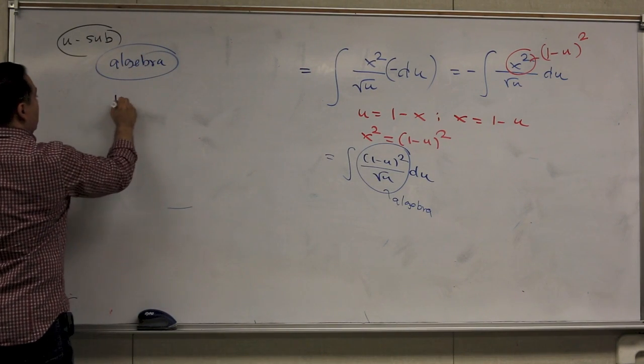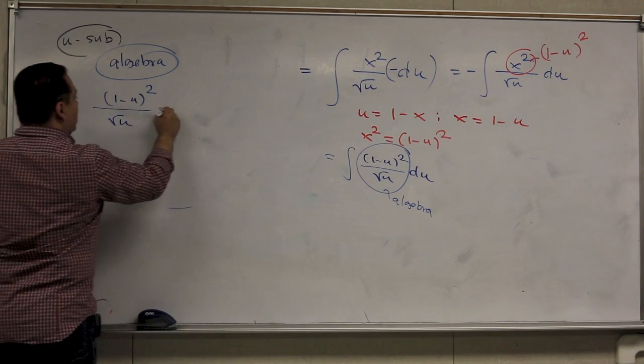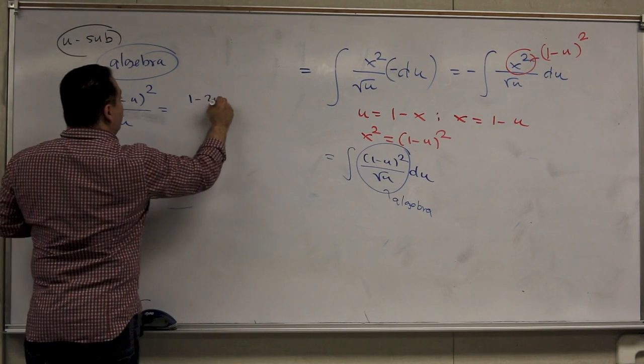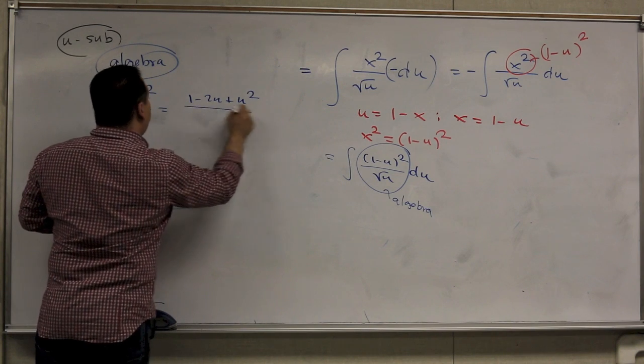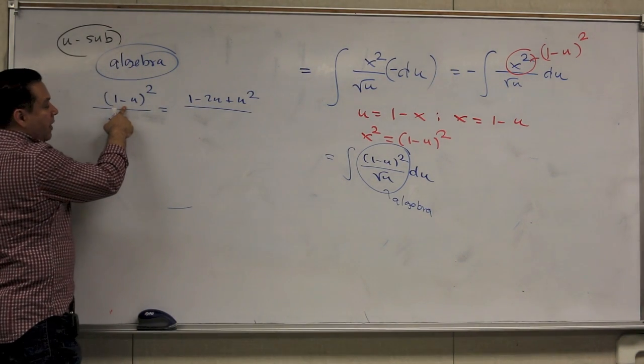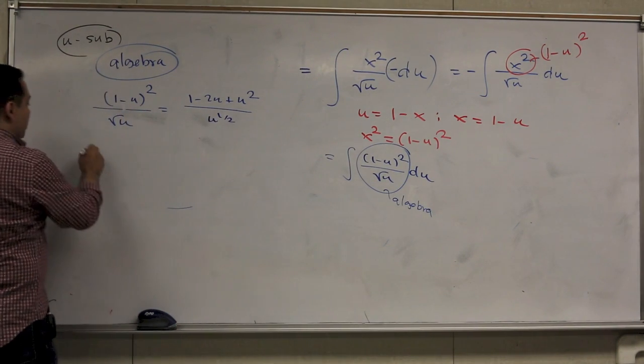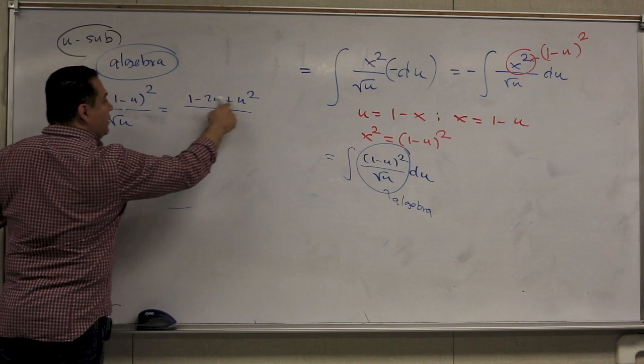what do we get? Well, 1 minus u squared over square root of u is actually 1 minus 2u plus u squared if I expand. Is that right? We expand using FOIL. Okay? And isn't that u to the 1/2? So what happens now, this u to the 1/2 is dividing each term.